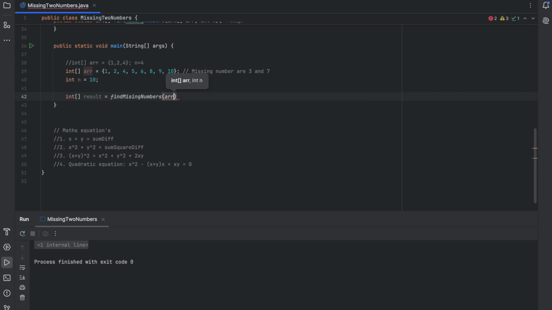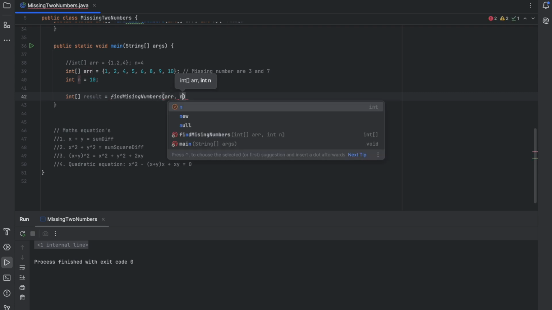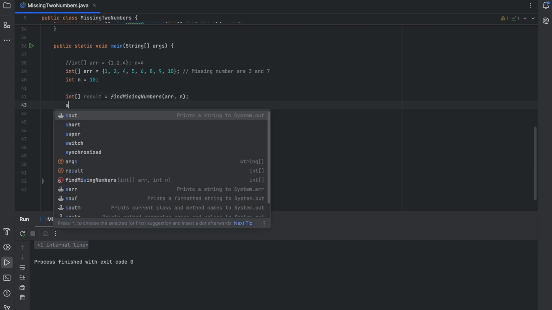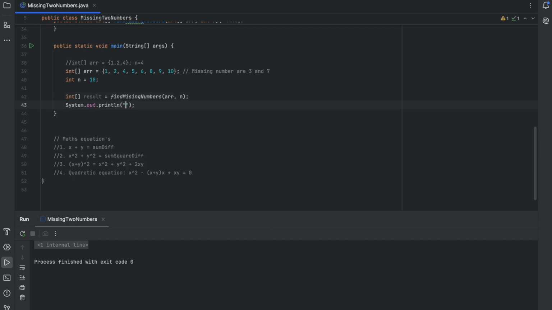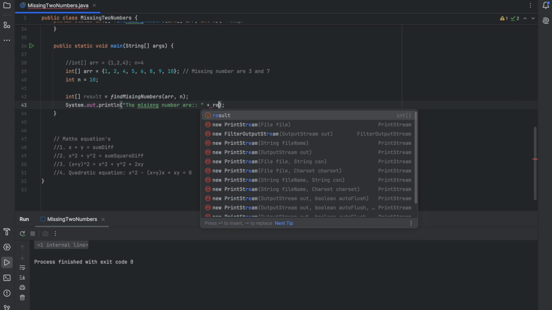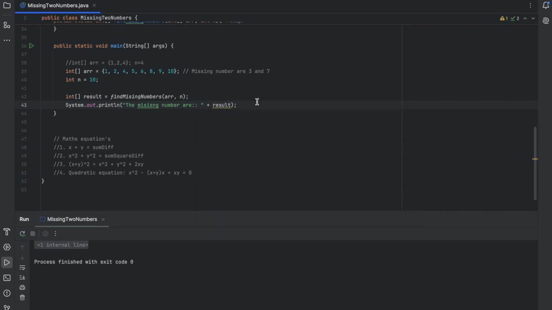We need to pass our array, and then our length, and then we need to print our result. Okay, let us run.